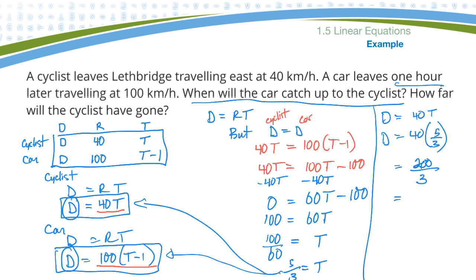What's that come out to? 66.6 something, 67 kilometers. So the car won't catch the person until, I don't know, they might be at Grassy Lake, somewhere in there. 66.67 kilometers after.